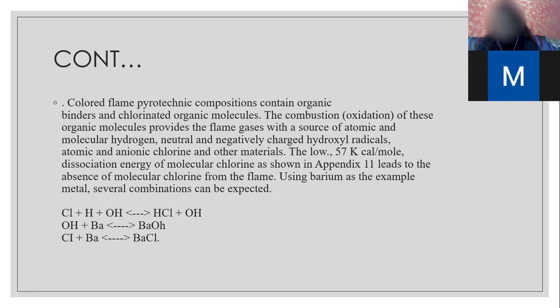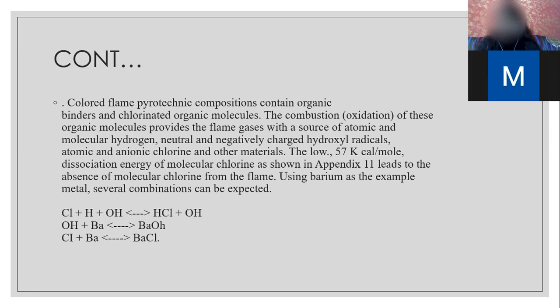The combustion, which we can say is oxidation, of these organic molecules provides the flame gases with a source of atomic and molecular hydrogen, neutral and negatively charged hydroxyl radicals, atomic and ionic chlorine and other materials.